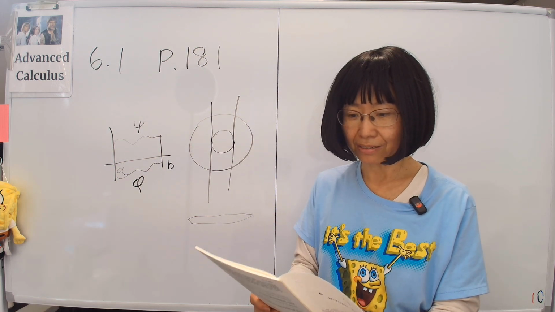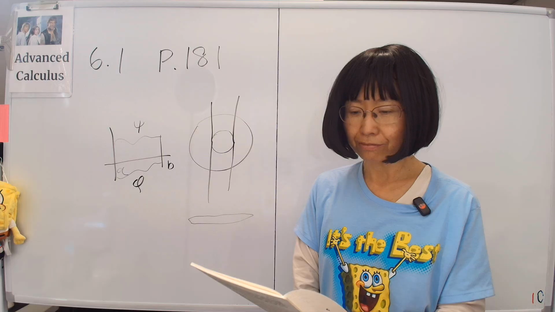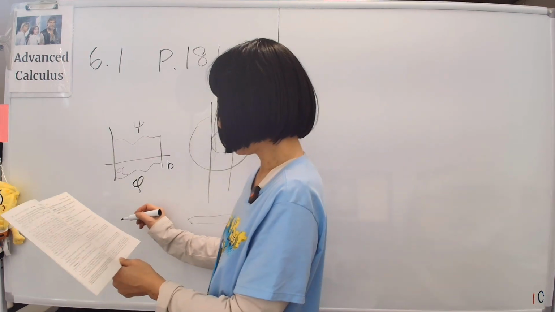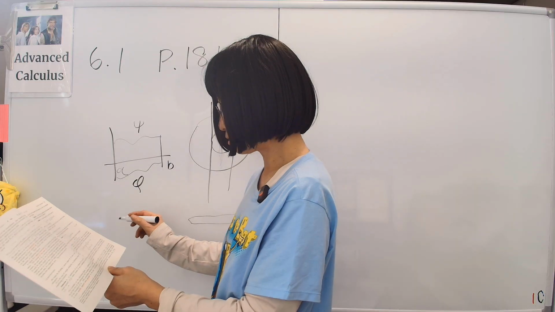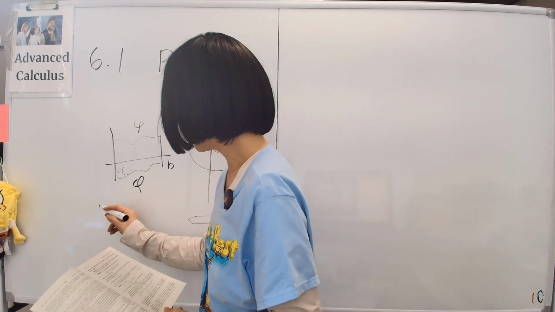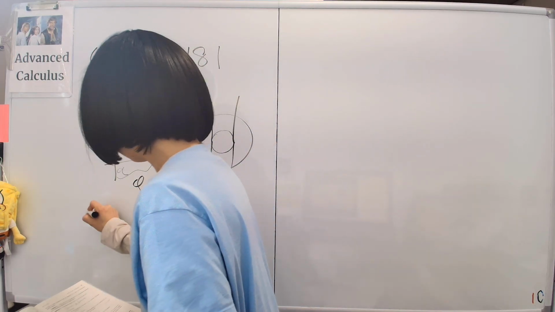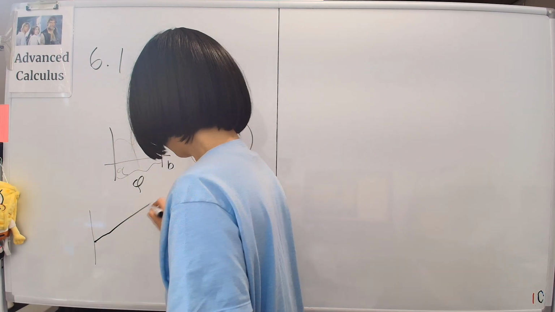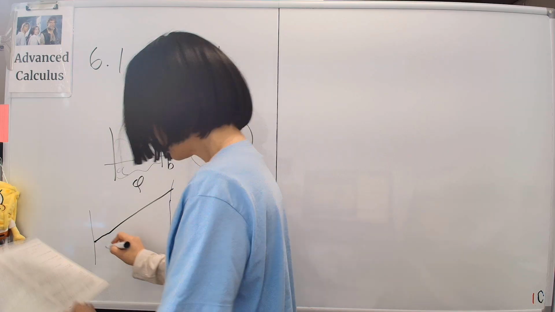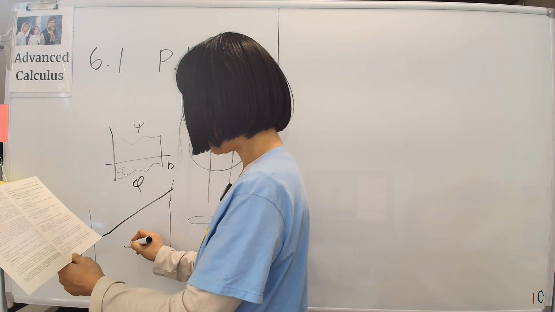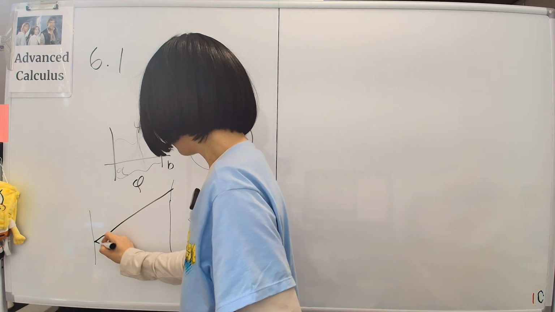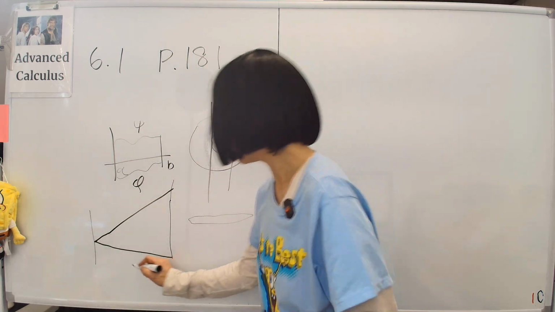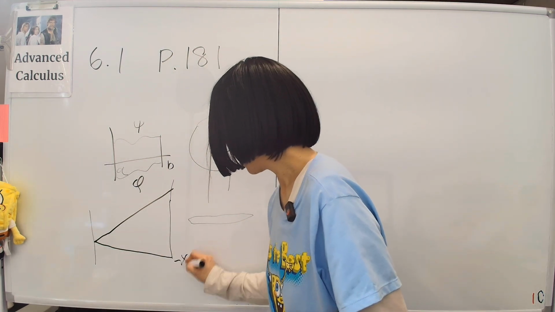Next, let's look at example A. We have a fairly simple region, which I'll draw right here. x goes from 0 to 1, and the region is bounded by the two functions, minus x and x.